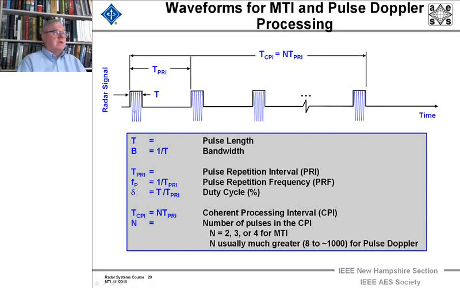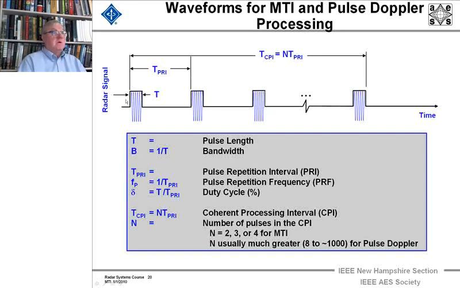First, let's start with an individual pulse. Here we see the envelope of a pulse of sine waves, and the length of that envelope is capital T. That is the pulse width. And 1 over T is the bandwidth of the signal. And here we have T sub PRI, which is the time between pulses, called the pulse repetition interval.